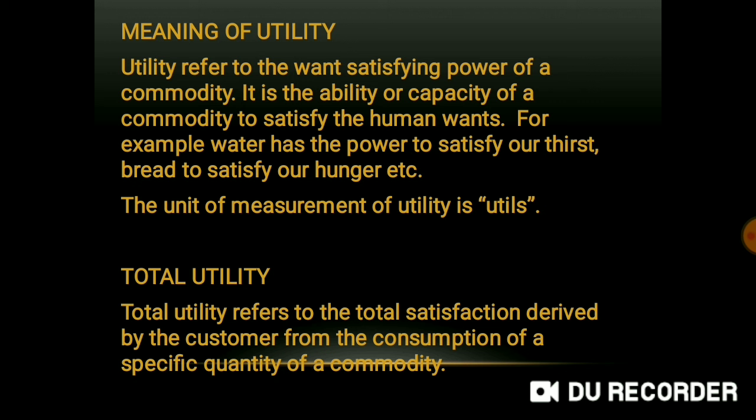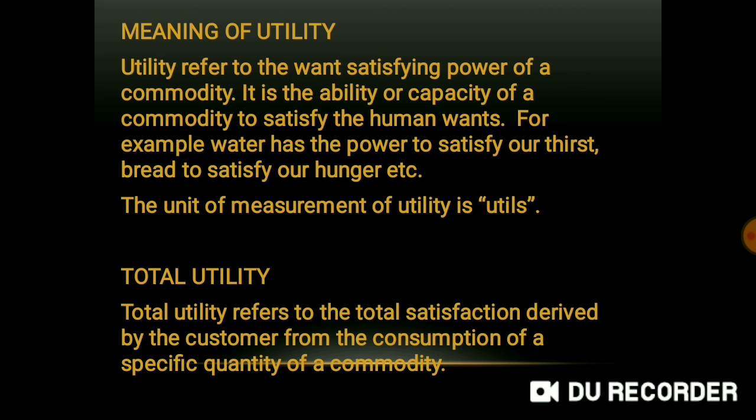Similarly, whenever we are hungry, we consume bread or any other food in order to satisfy our hunger. So the satisfaction given by the water during our thirst or the satisfaction given by the bread during our hunger is known as utility. Usually the unit of measurement of utility is utils.